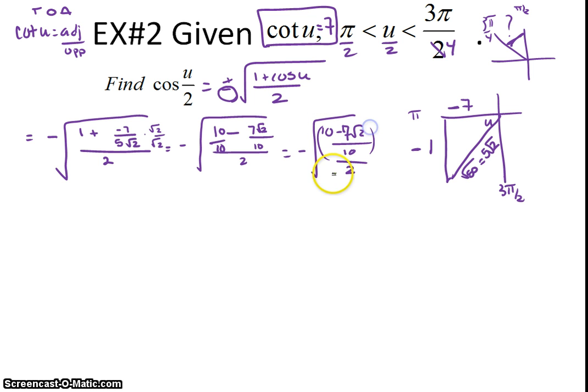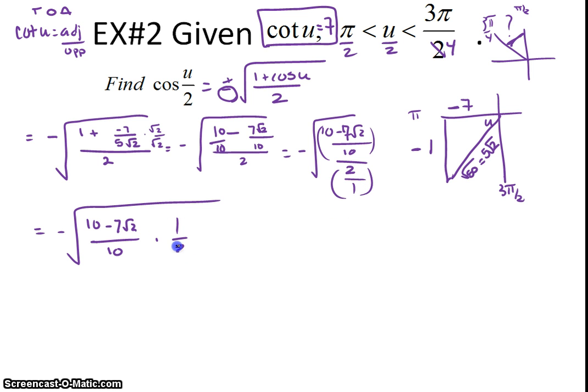And remember, we have a numerator and a denominator, so I'm going to multiply by the reciprocal. So 10 minus 7 root 2 all over 10 times, well, 2 over 1 becomes 1 over 2. So this is negative the square root of 10 minus 7 root 2 all over 20.